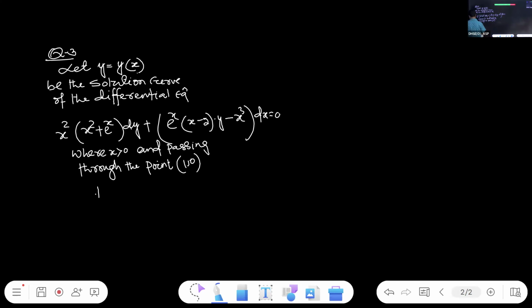Find y of 2, or f of 2. If y is equal to f of x is the solution curve, then find f of 2.